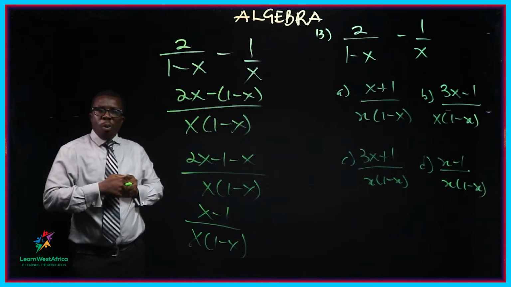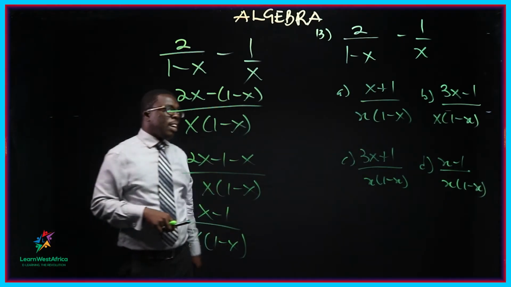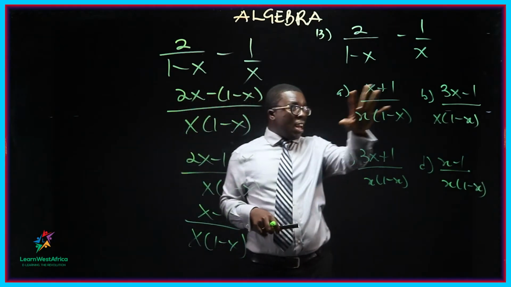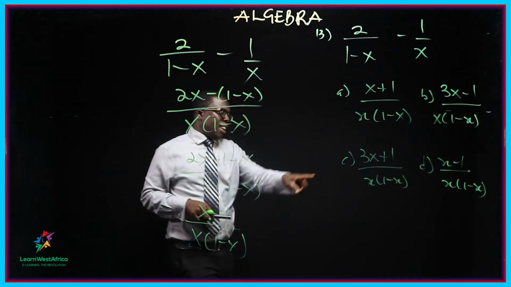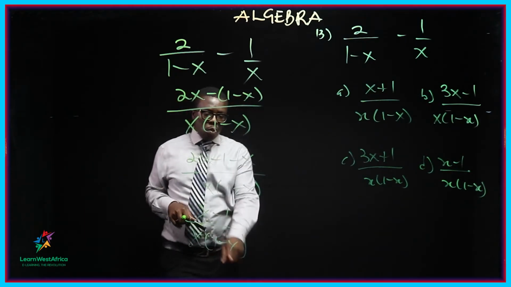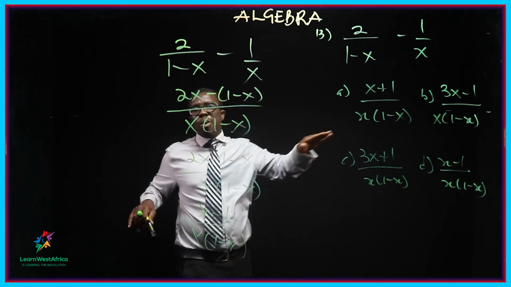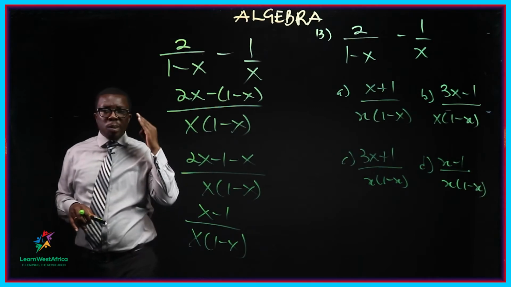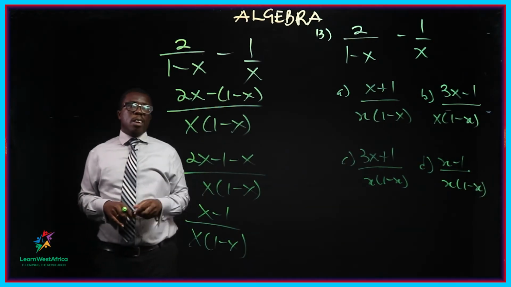That is the simplified answer. Checking the options A, B, C, D, the answer is D, x minus 1 over x into bracket 1 minus x. This is how we solve question 13.